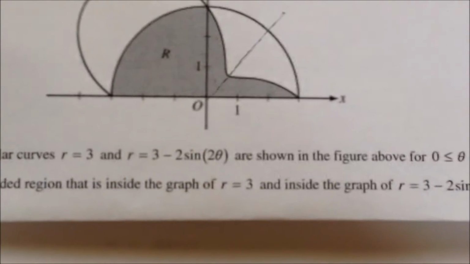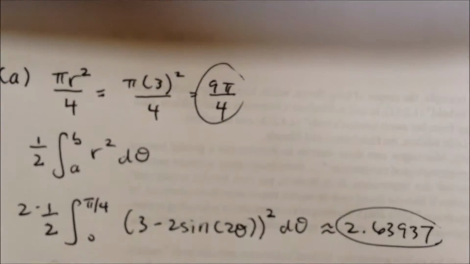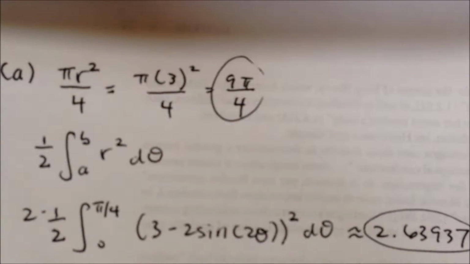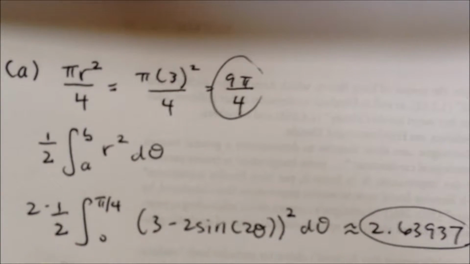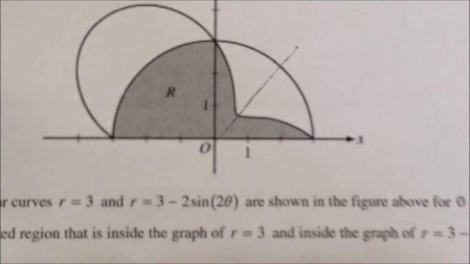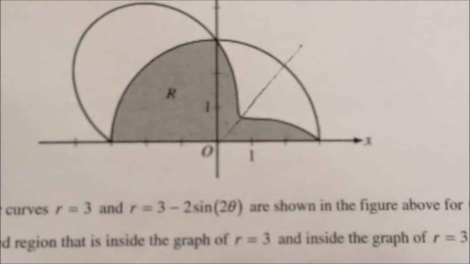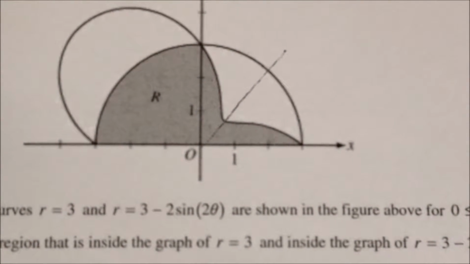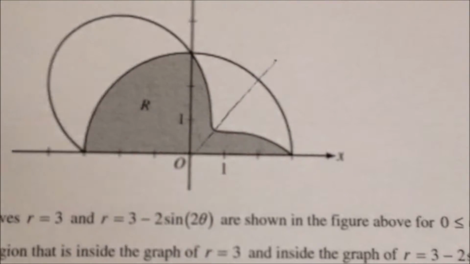And to find the area in that first quadrant under r equals 3 minus 2 sine 2 theta, we know that the area for polar curves is 1/2 of the integral from a to b of r squared d theta. And what I like to do, because sometimes you might forget that 1/2, is multiply 1/2 of the area by 2.